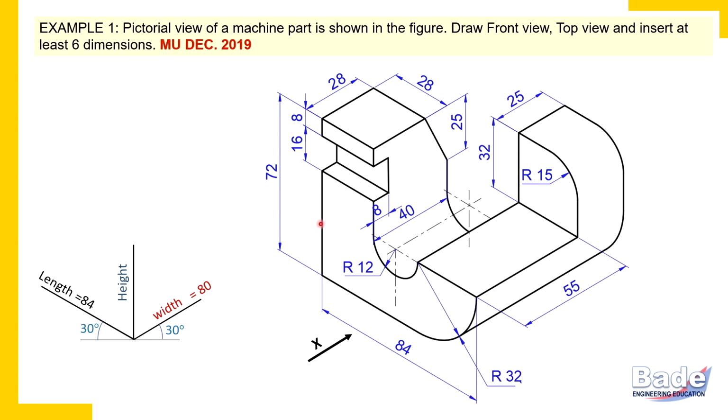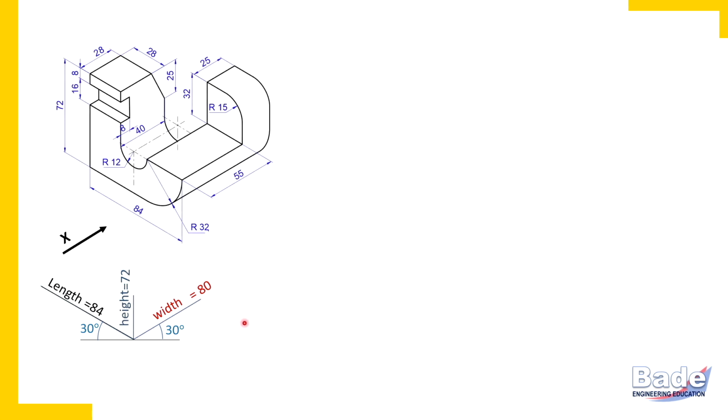From bottom to top, the dimension is already given, 72 millimeters. So we didn't face any difficulty in identifying overall dimensions. Now with these dimensions, width 80 millimeters, length 84 millimeters and height 72 millimeters, we will construct a rectangular block here.